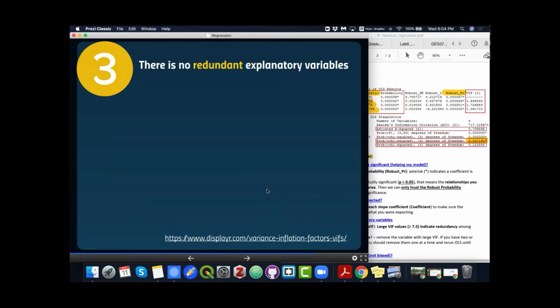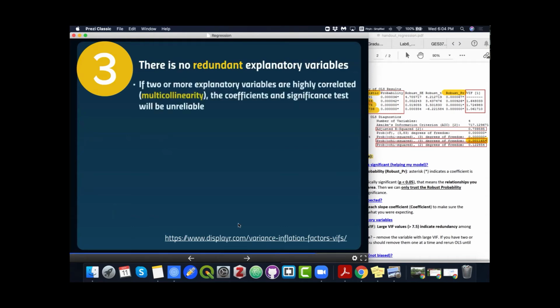If you throw in a bunch of 10 different variables, however, all the variables are kind of similar, basically telling the same story, then oftentimes it's going to cause a problem. So this check is looking to make sure there are no redundant explanatory variables.